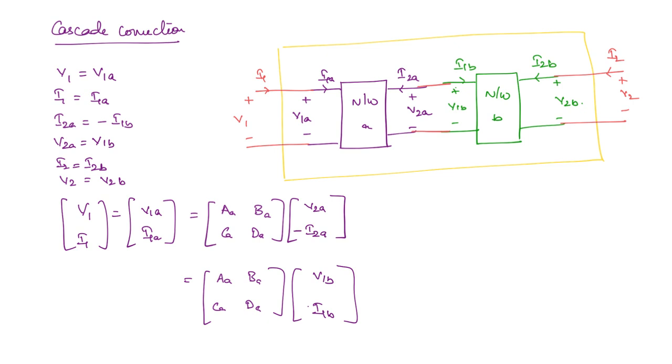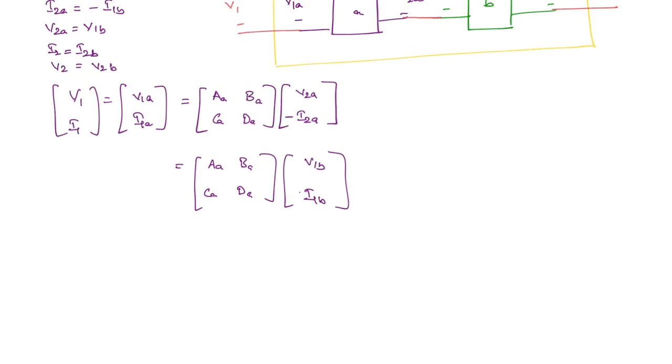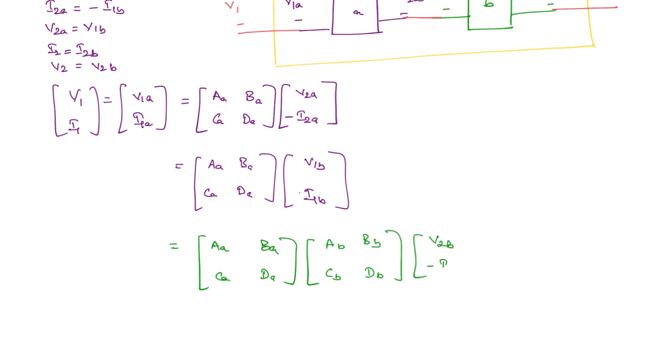Okay. Now once again, this is the input side voltage and current of network B. Once again, you can use the transmission parameters. So what will be the expression that you're going to get here? You will get the product of both the transmission networks. V1B and I1B is given by AB, BB, CB and DB into V2B and minus I2B. Okay.